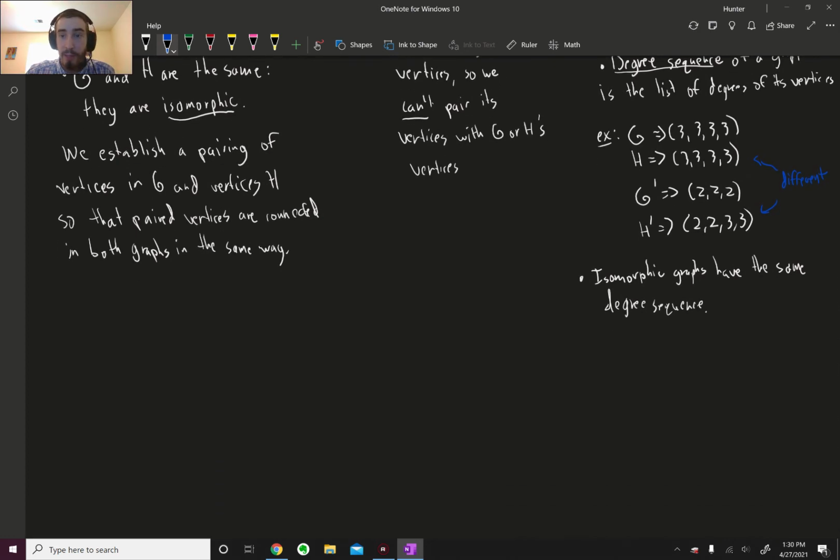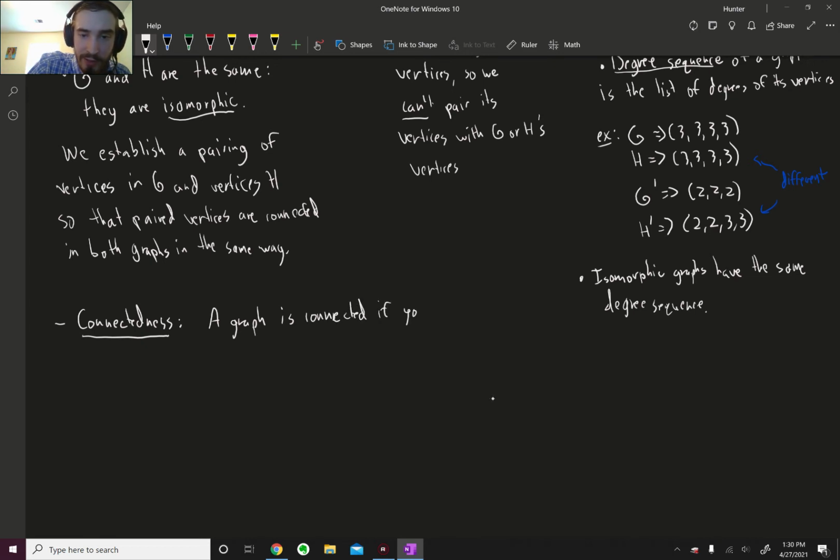Another thing that can help us tell whether two graphs are the same or not is the idea of connectedness. A graph is connected if you can walk from any vertex to any other vertex along its edges.